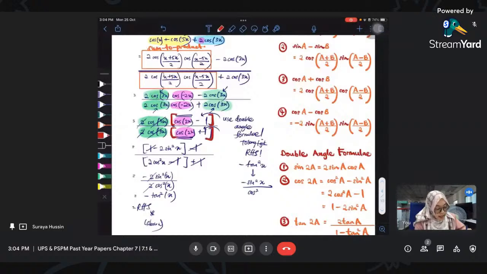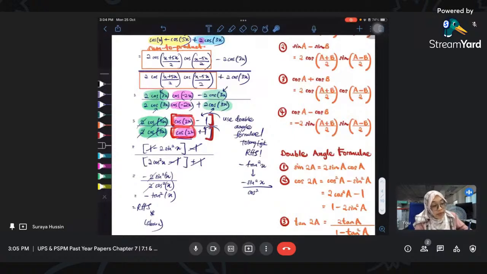And so I know that I can cut this and that. Okay, atas bawah boleh cut. Let me use red color. Okay, yang ini dah cut. Tinggallah yang ini. So yang inilah yang saya maksudkan nak kena pandai pakai double angle.